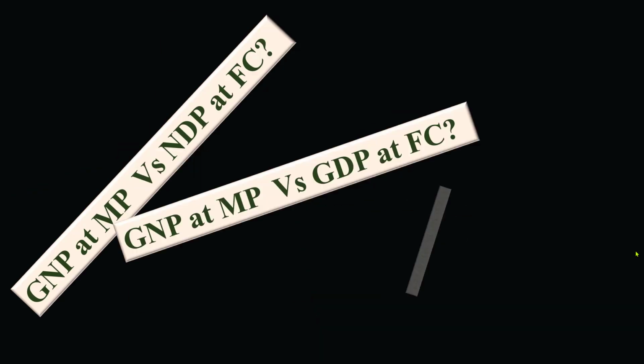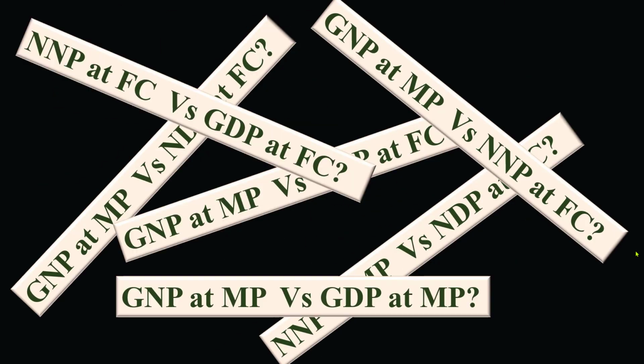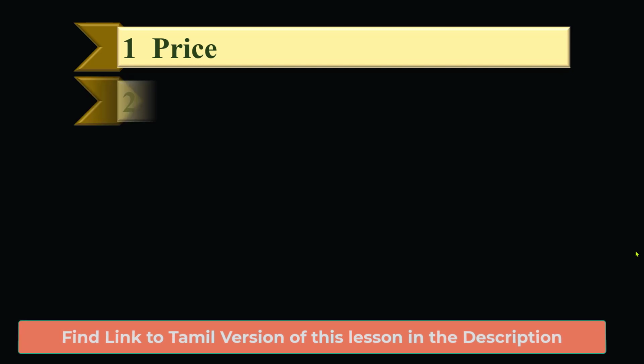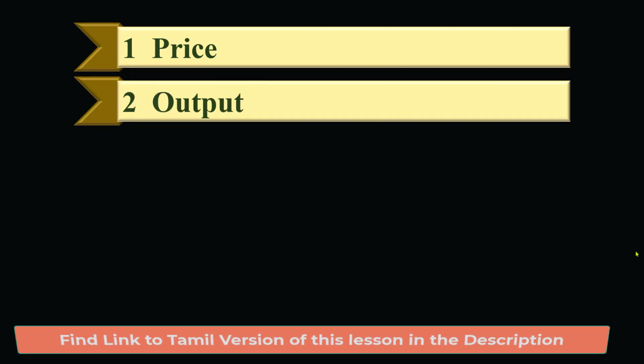One of the popular questions in the board examination is to state the differences between any two national income concepts. You shall use the following as the basis to differentiate one concept from another. They are: 1. Price, which is used to calculate the money value of output. 2. Output.